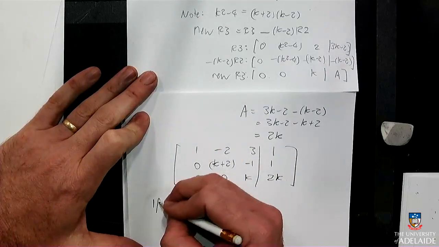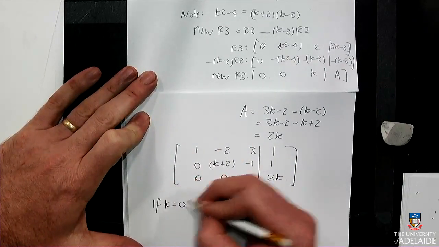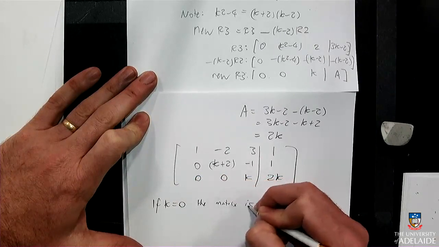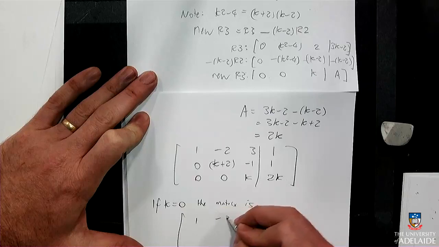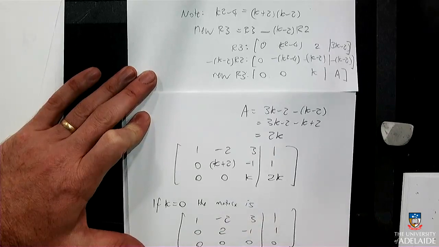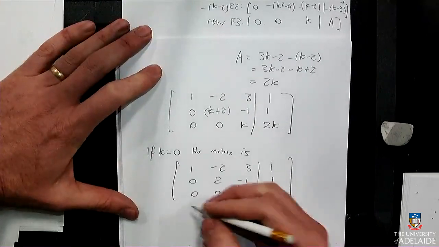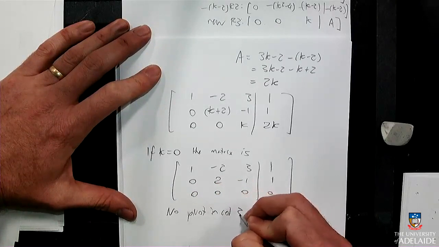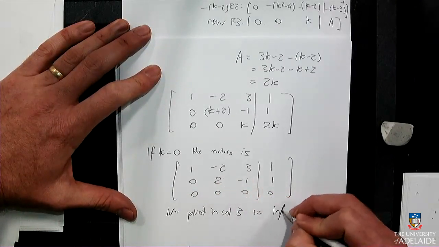So if k equals 0, the matrix is 1, minus 2, 3, 1, 0, 2, minus 1, 1, 0, 0, 0, 0. And there is no pivot in column 3, so there's infinitely many solutions.